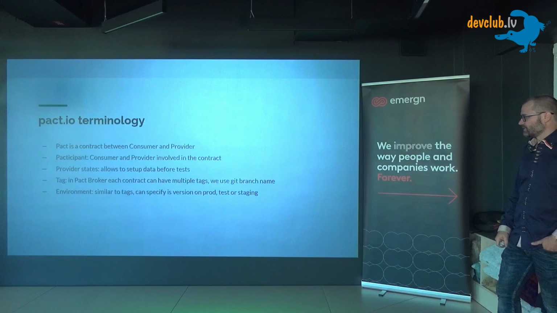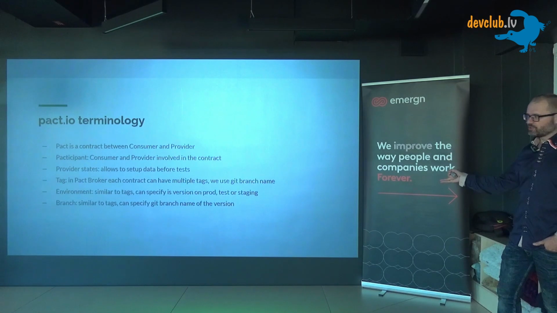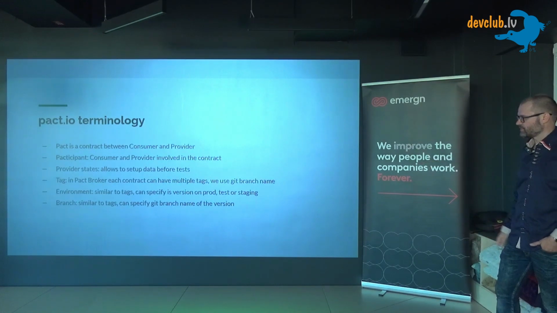Environment is similar to tags. You can define that the contract is currently in production, or in testing or in staging. Branch, that's a new feature. They recommend using branch instead of tag, but branch doesn't work in PHP, so we didn't use it.